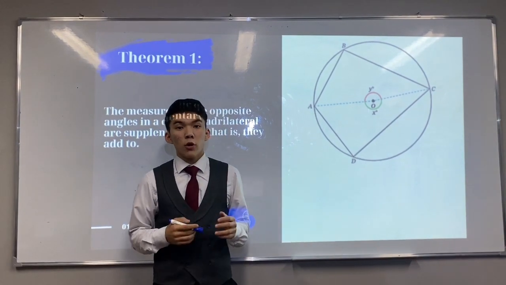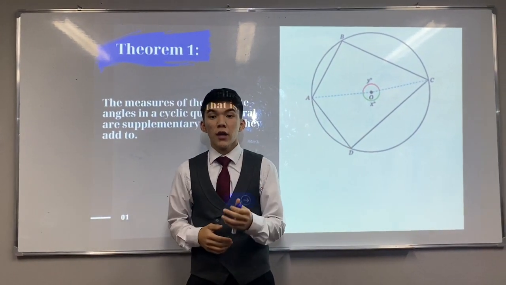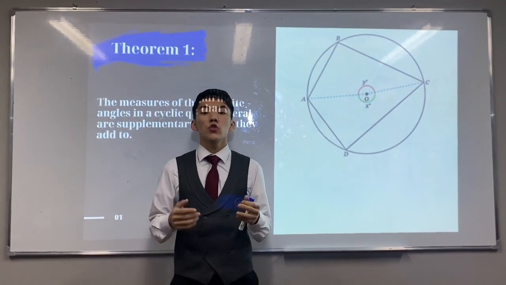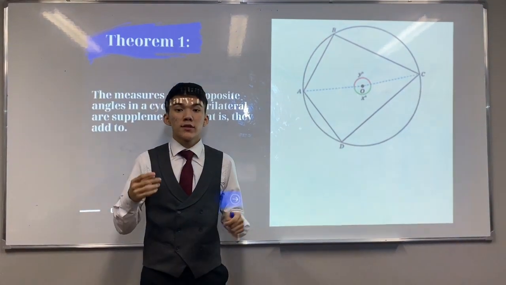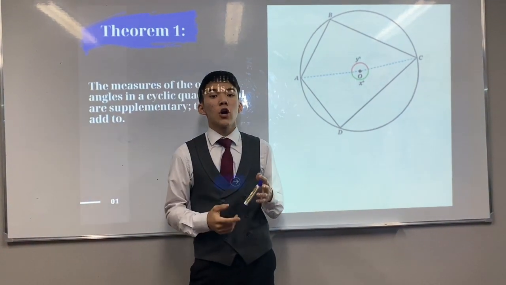Okay, we will prove our theorem. Let us consider the cyclic quadrilateral ABCD. We can join 2 vertices A and C to the center O to create 2 radii, AO and OC.